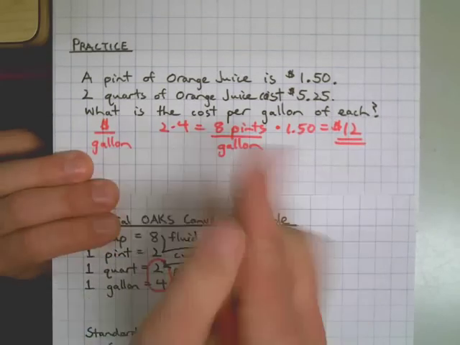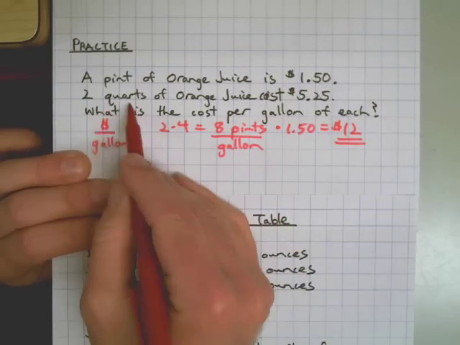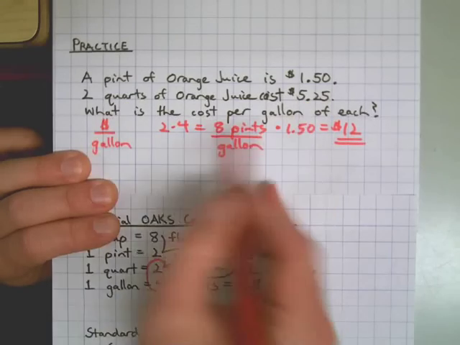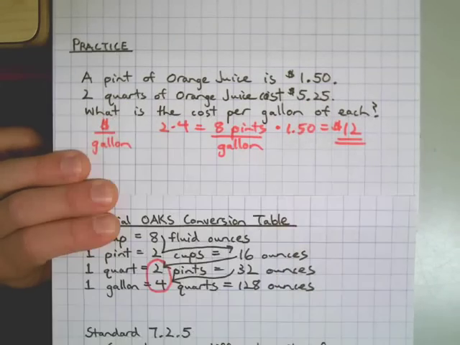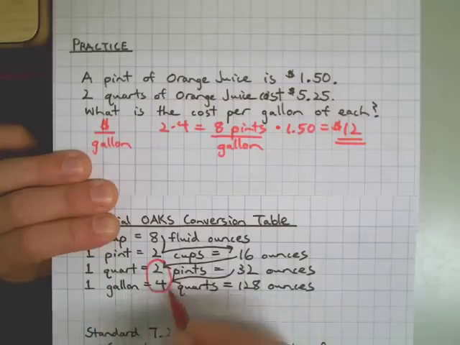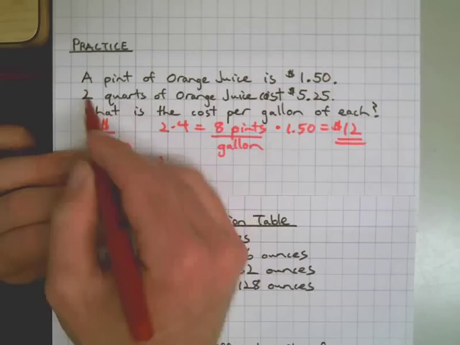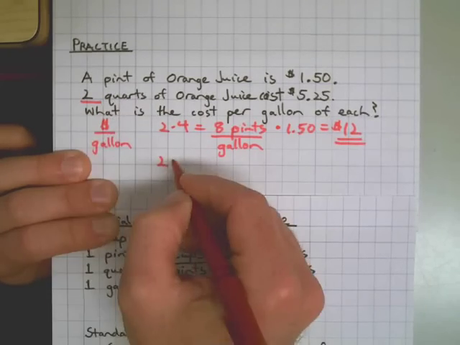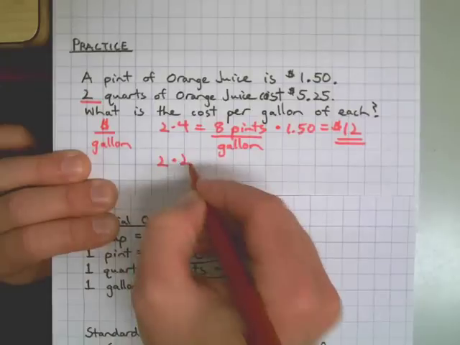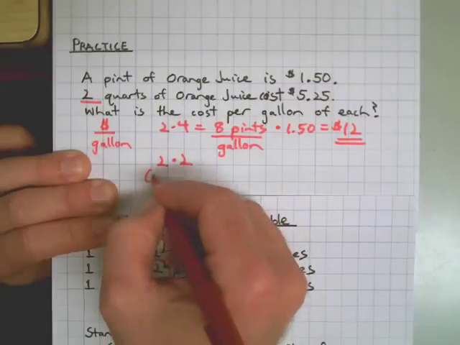Now we need to figure out 2 quarts of orange juice is $5.25. How many 2 quarts do we have? Well, if we look at our chart here, we see that there are 4 quarts in a gallon. So I need to take my 2 quarts and multiply that twice. Why? Because I need 4 quarts.